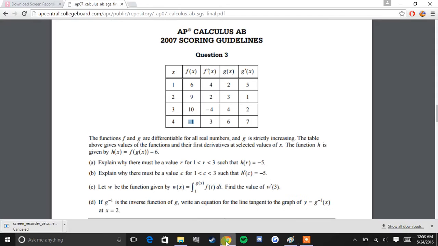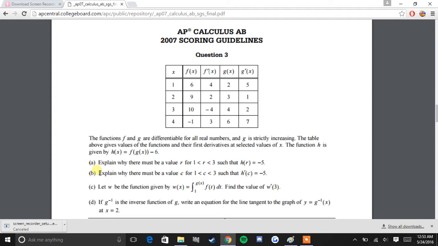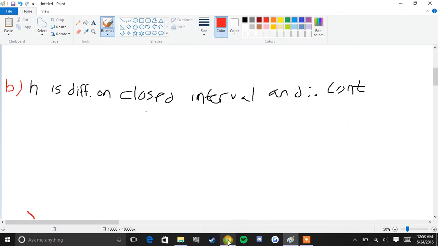Part B is asking, explain why there must be a value c for 1 is less than c, which is less than 3, such that h prime of c equals -5. So h is differentiable on the closed interval and it's continuous. That indicates the mean value theorem.